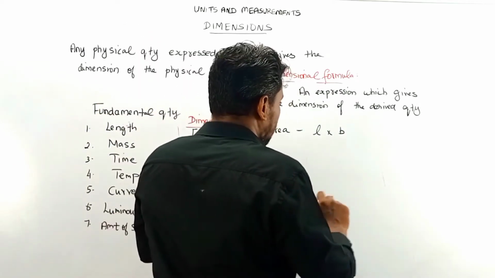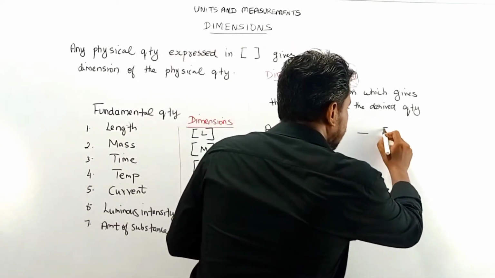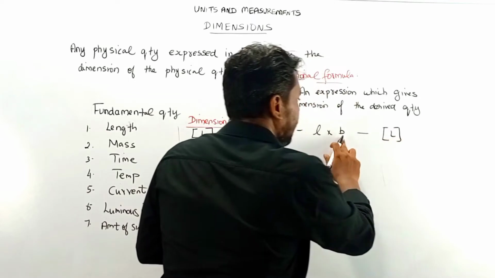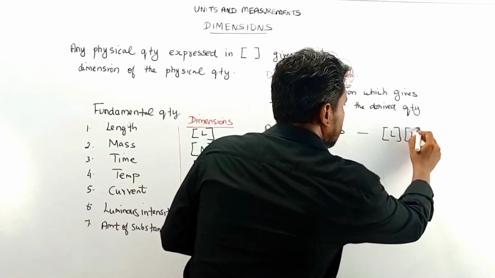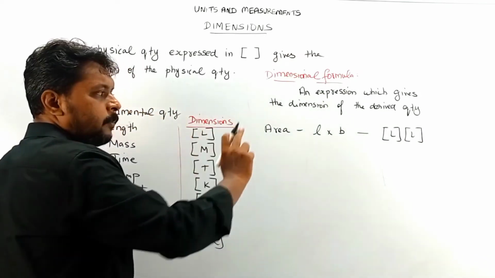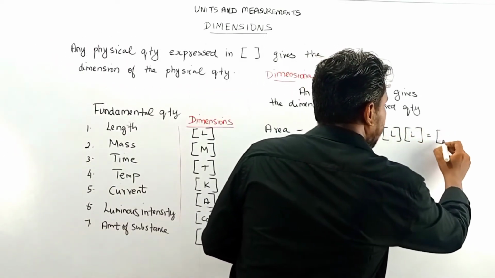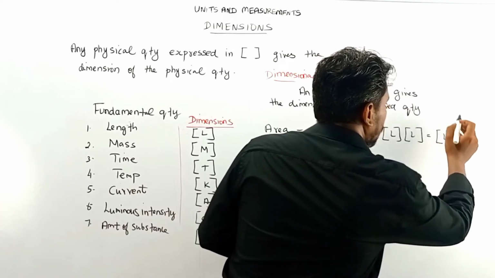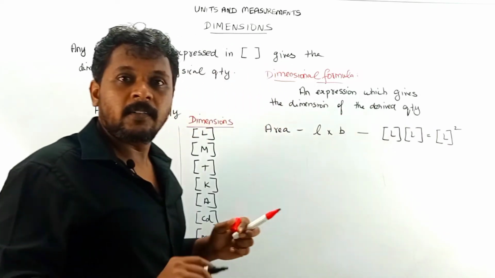Length has dimension capital L, and breadth also has dimension capital L, so the dimension is capital L square. This is the dimension of the derived quantity area.